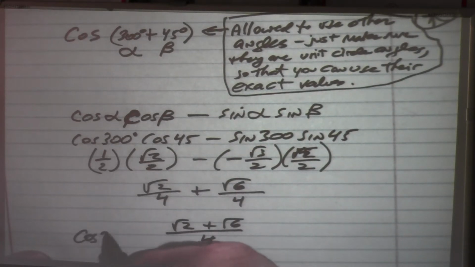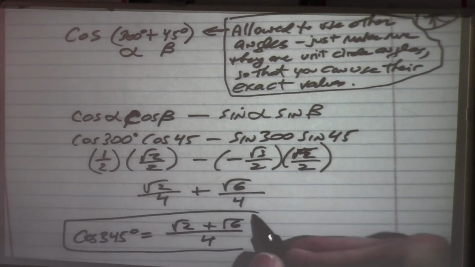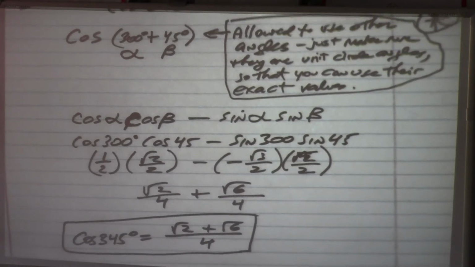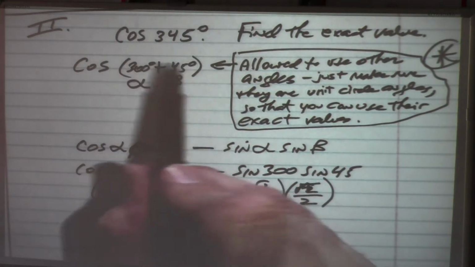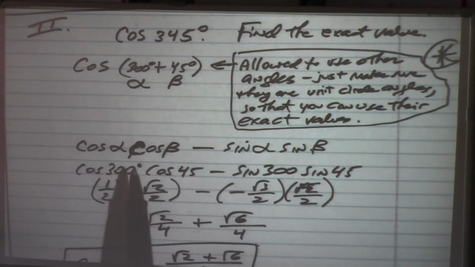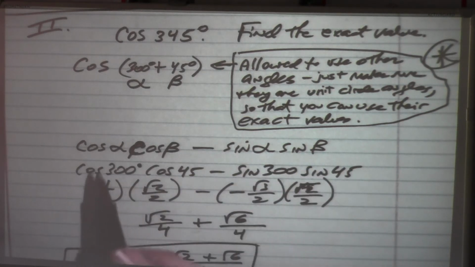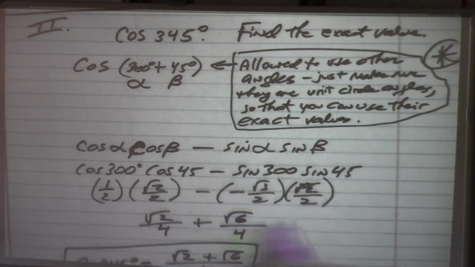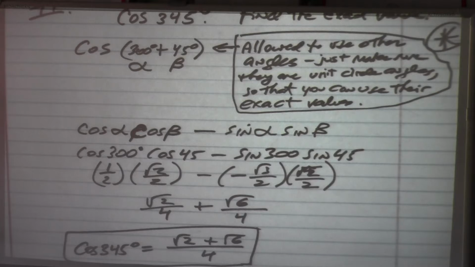So we can say that the cosine of 345 degrees is equal to that. That's how you do it. You look at the number, figure out how to use 2 angles from the unit circle, put them into the formula correctly, put in the exact values, and then do the basic math with those exact values.